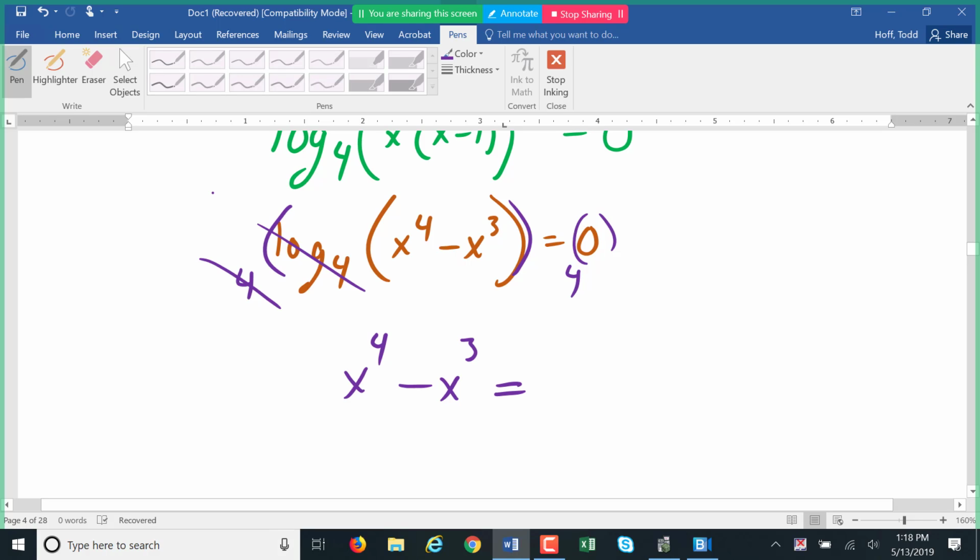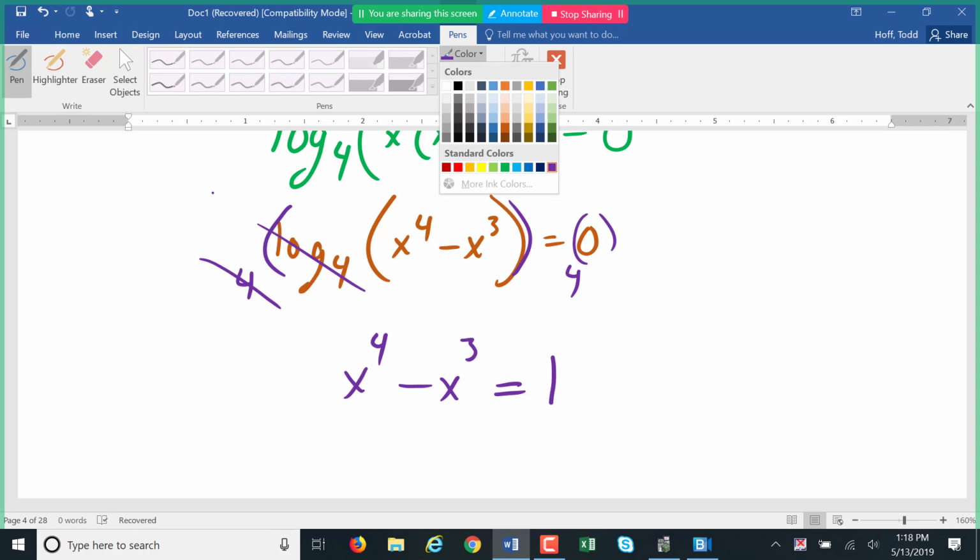What's 4 to the power of 0? 1. Very good. Anything to the power of 0 is 1. Now we have to solve this.